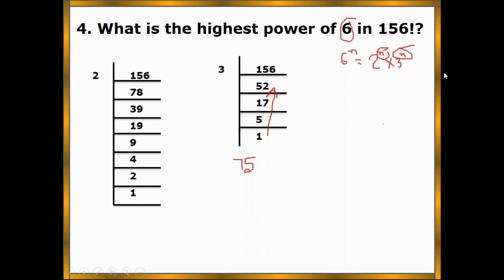So what is the power of 2? 1 plus 2 is 3, 3 plus 4 is 7, 7 plus 9 is 16, 16 plus 19 is 35, 35 plus 39 is 74, 74 plus 78 is 152. 152 is the power of 2 in 156 factorial.